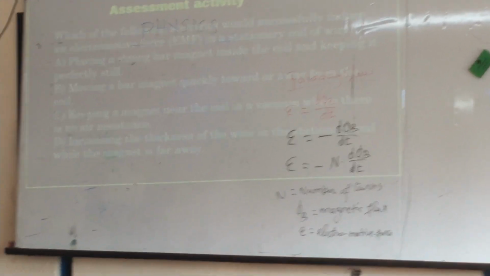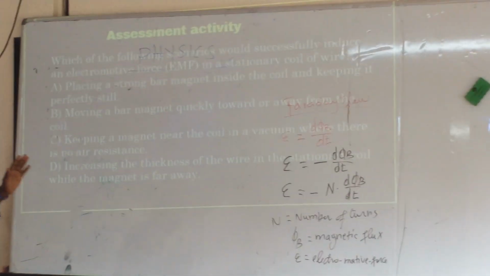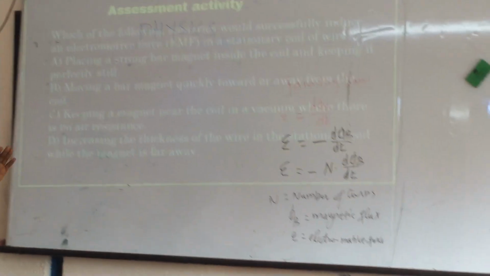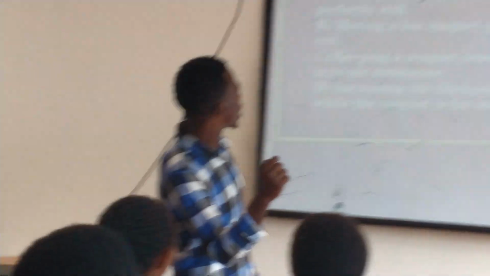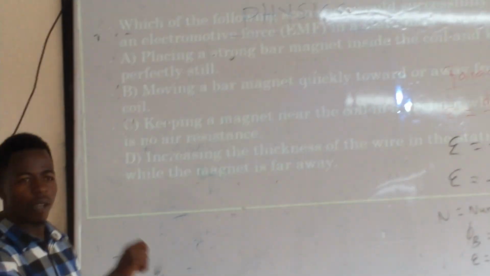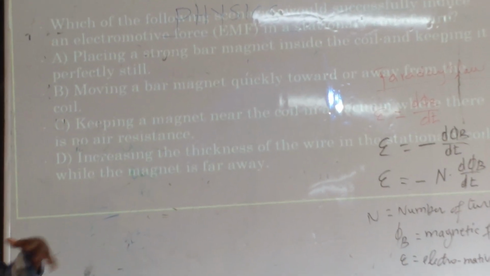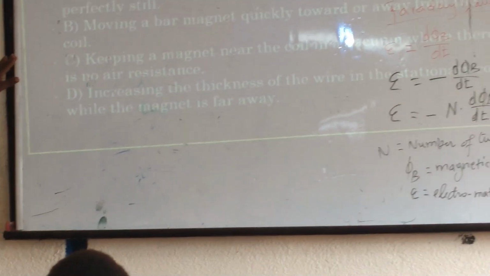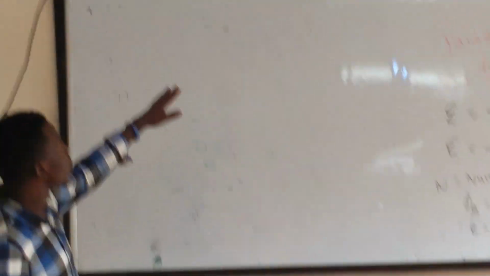In a stationary coil of wire, A. Placing a strong bar magnet inside the coil and keeping it perfectly still. B. Moving a bar magnet quickly toward or away from the coil.